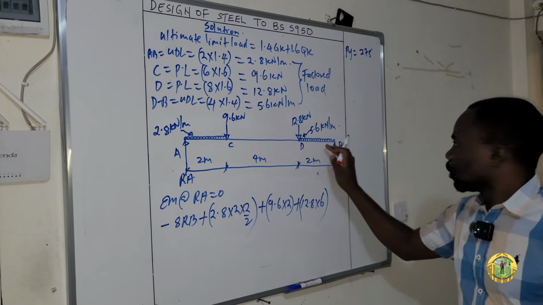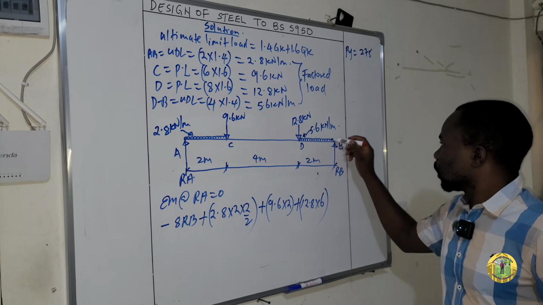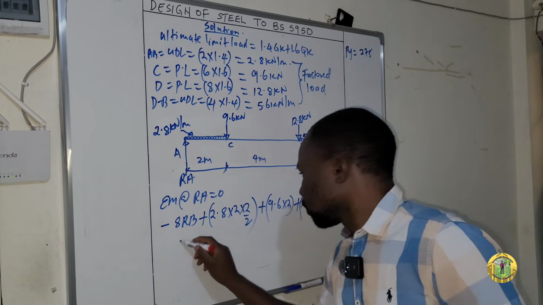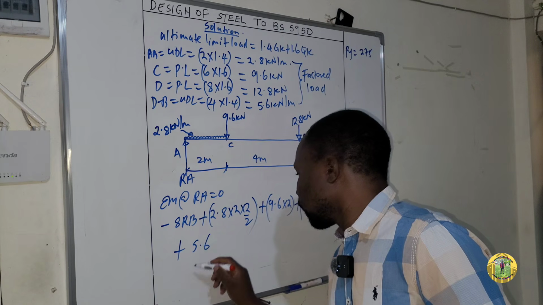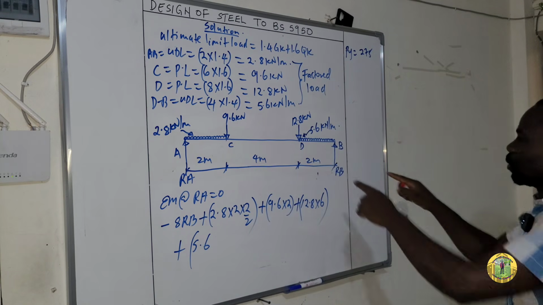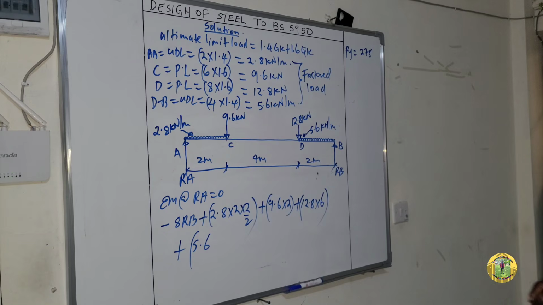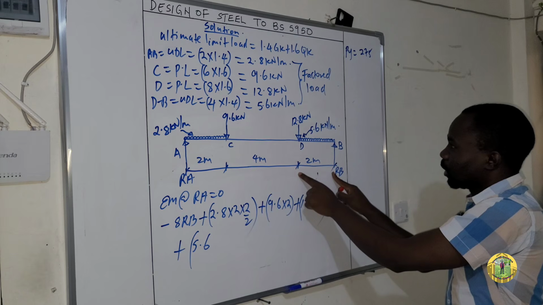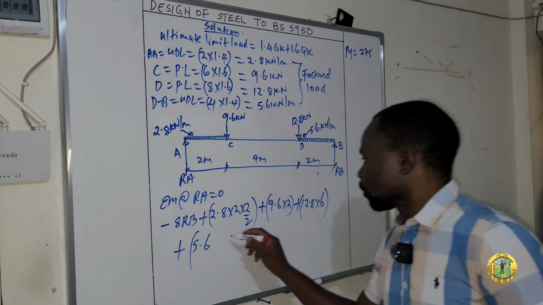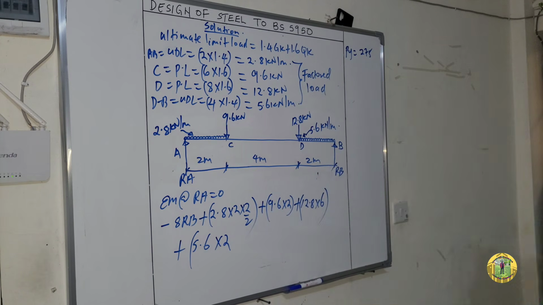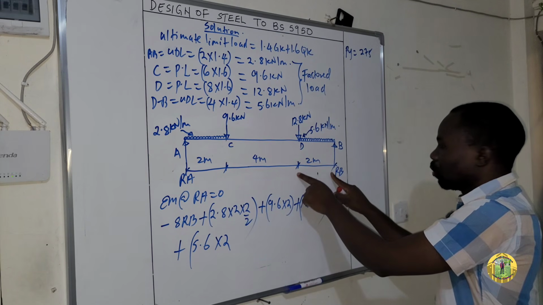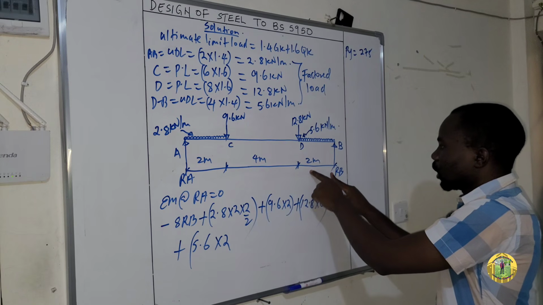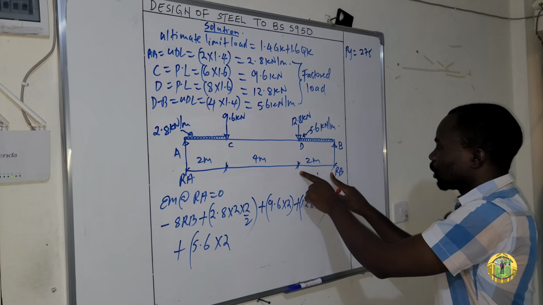And then you come to this one, again moving in clockwise direction, so it will be plus 5.6. Again, we need to change this 5.6 to a point load. So you take 5.6 and multiply it by the distance covered by this UDL, which is 2. Then, to get the bending moment for this UDL, we have said that it acts at the center of the distance covered by the UDL.